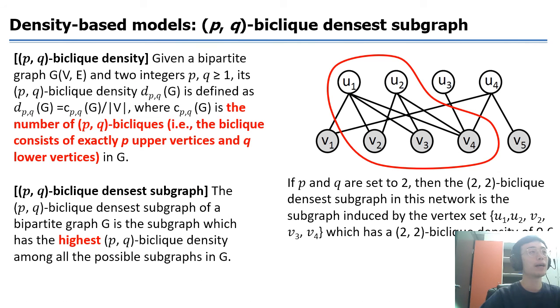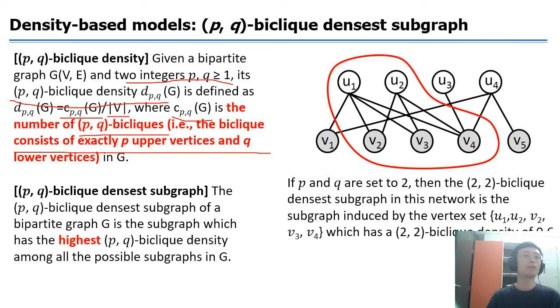Another way to define density is based on the concept of the p,q-biclique. Given a bipartite graph G and two integers p and q, its p,q-biclique density is defined as C_pq(G) divided by the number of vertices, where C_pq(G) is the number of p,q-bicliques in G, and a p,q-biclique is a biclique consisting of exactly p upper vertices and q lower vertices.